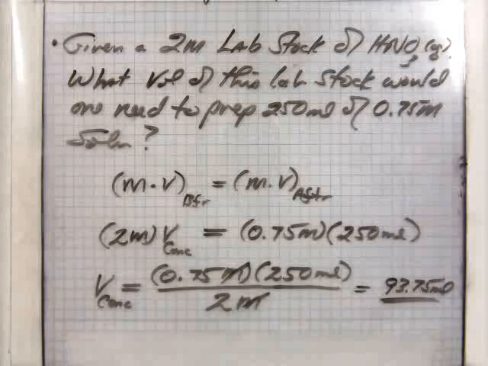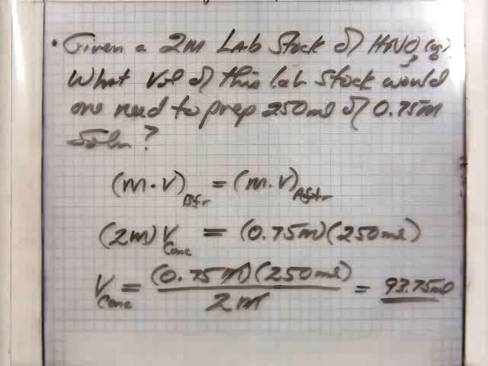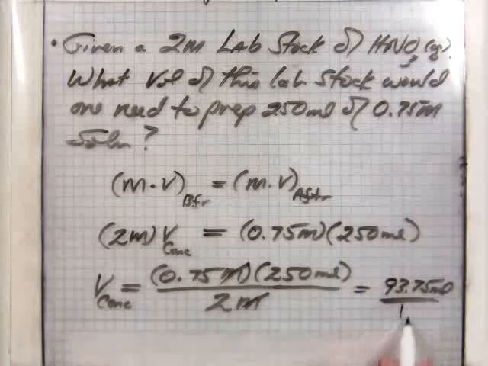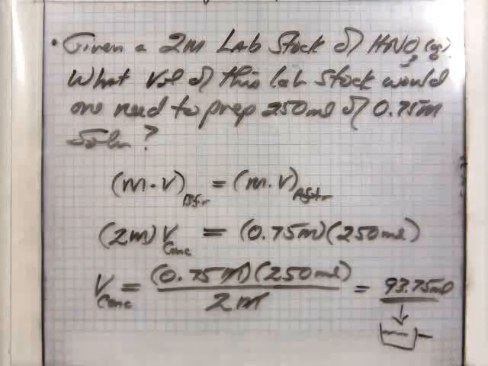So transfer 93.75 mL of concentrate into the mixing container and dilute up to, but not to exceed, 250 milliliters of that solution. Now, there's a twist in this problem that you may not see. Everything I've given you so far is add to the mixing container and then dilute up to and stop.